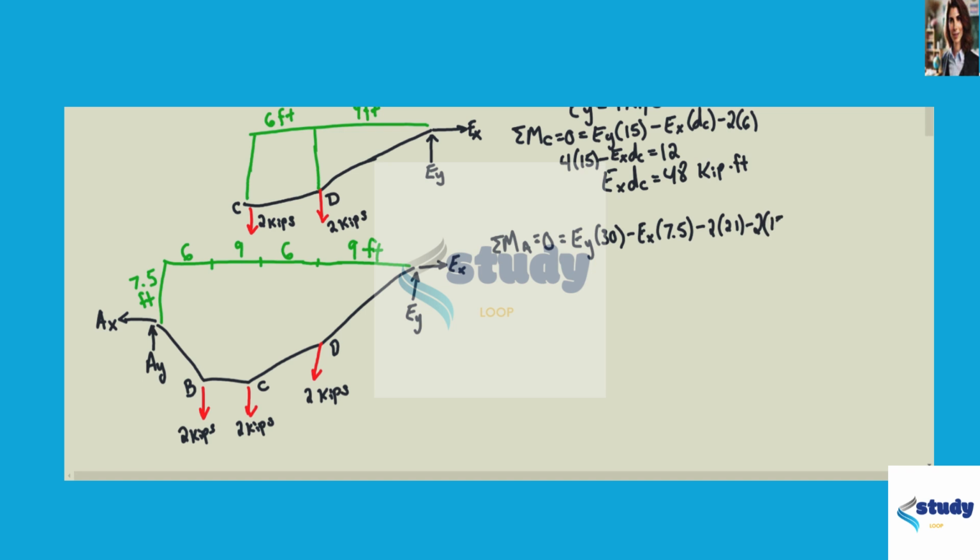Same goes for the force at C. It's just 15 feet between A and C in the horizontal direction. And then for B. Simplifying this, we still do not know Ex, and all of these loads are also calculated in.